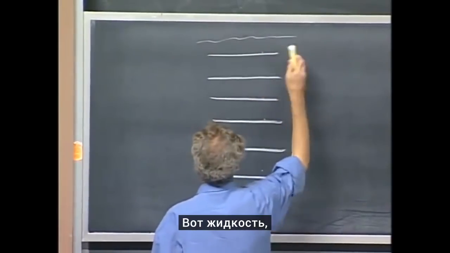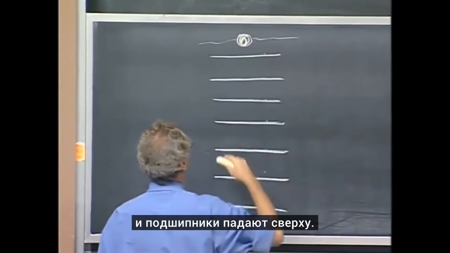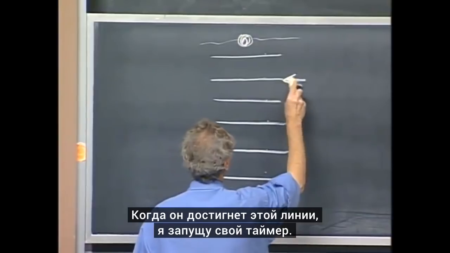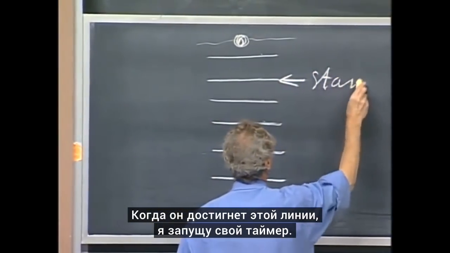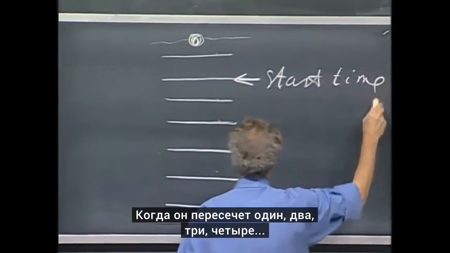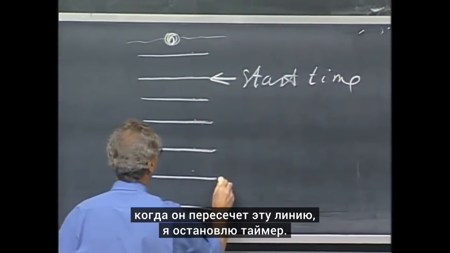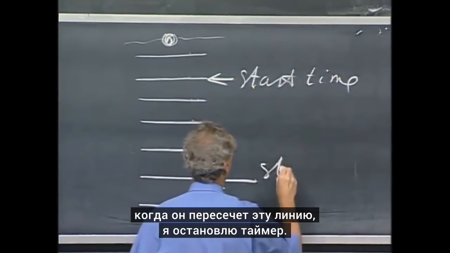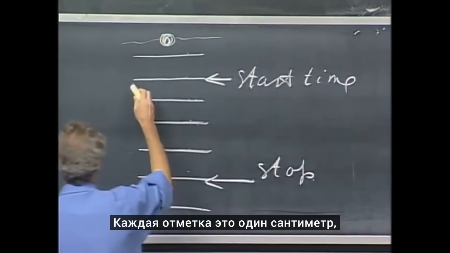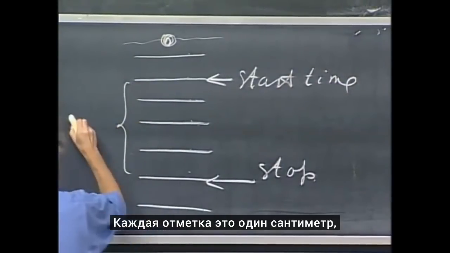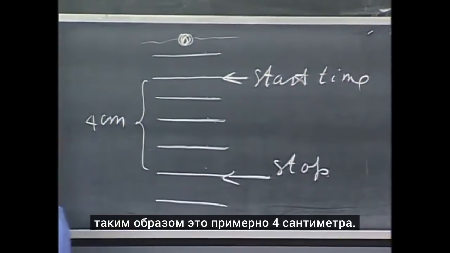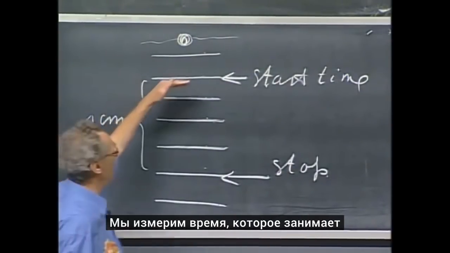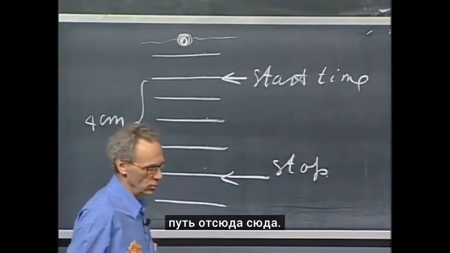So here is the liquid, and the ball bearings are dropped from above. When it reaches this line, I will start my timer. And when it crosses this line, I will stop my timer. Each mark is about 1 centimeter apart, so this is a journey of about 4 centimeters. And we will measure the time that it takes to go from here to here.